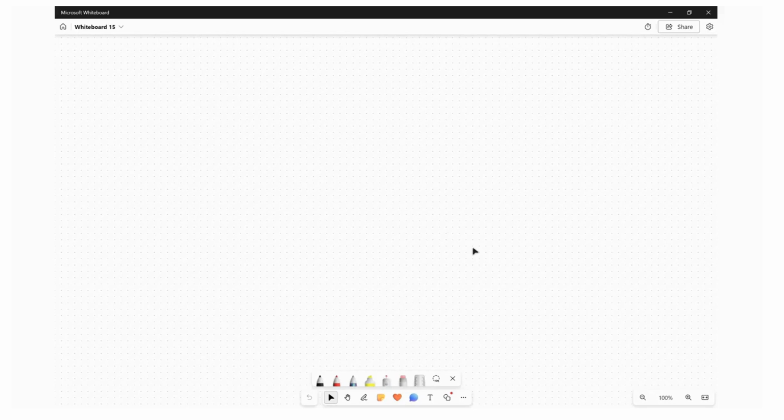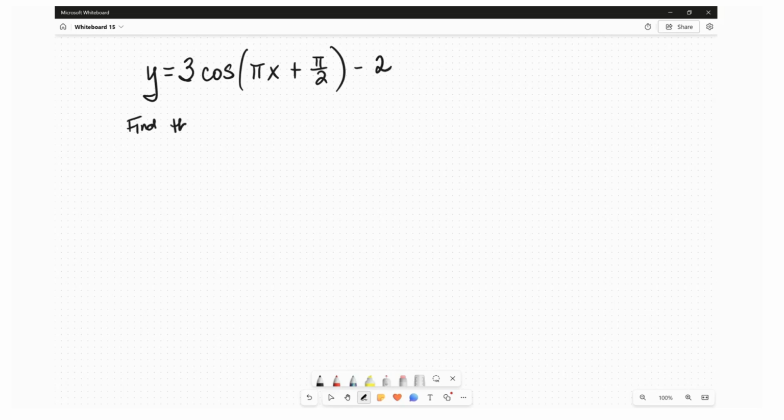All right, let's say we have y equals 3 times cosine of pi x plus pi over 2, minus 2. Find the period, the amplitude, and the phase shift.